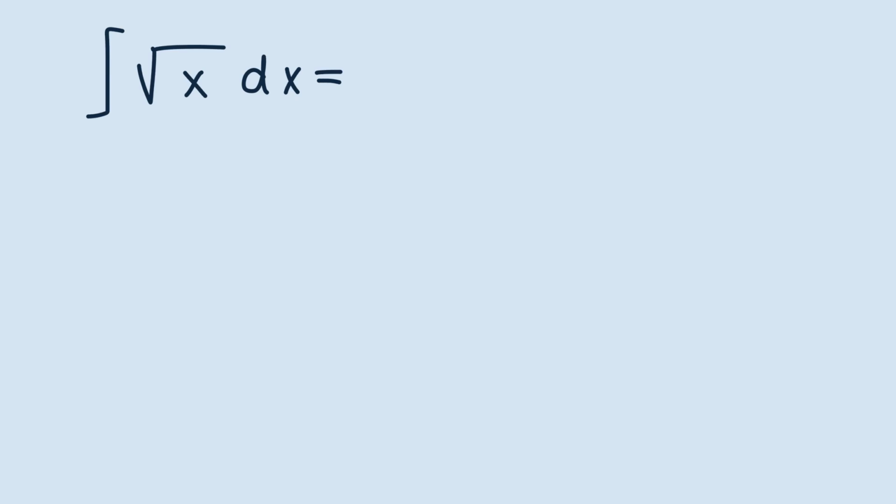Now, what if we have a question that looks like this? Integral of square root of x dx. If you see such a question, you simply have to rewrite it. It will be x to the power half dx, right? Because square root of x is basically x to the power 1 over 2. Now we use the same technique as earlier.